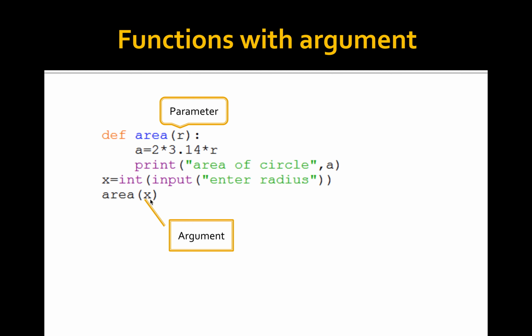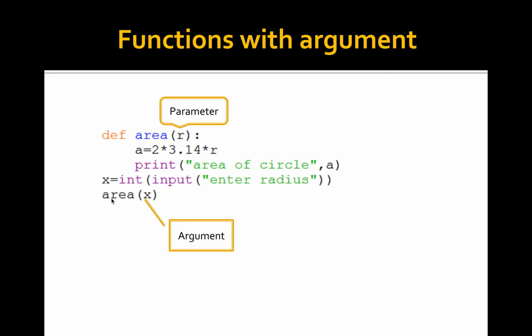Whenever we are passing a value through a function call, there must be a corresponding variable in the function header. Suppose you are passing two values, there must be two variables in the function header, otherwise it will be an error.